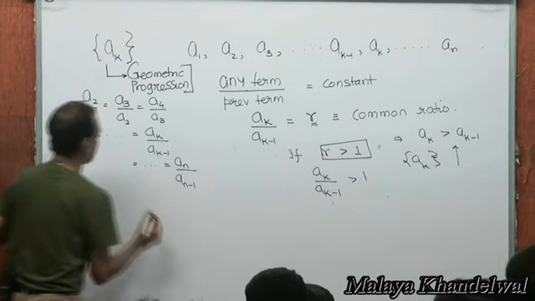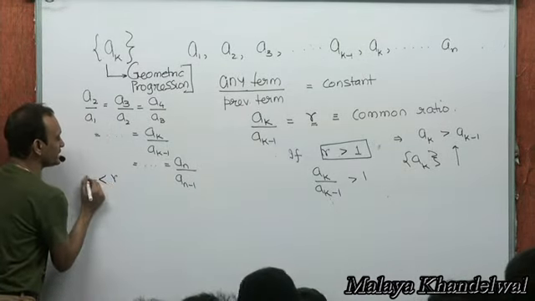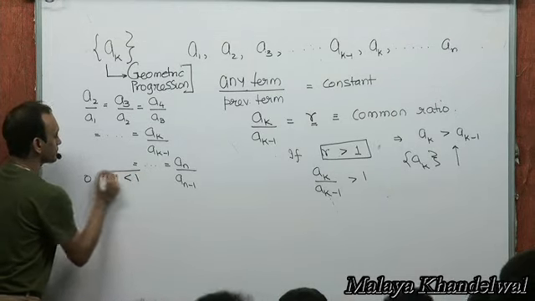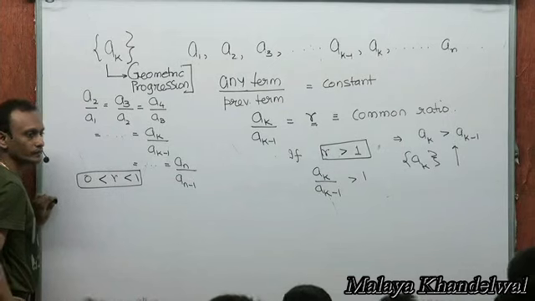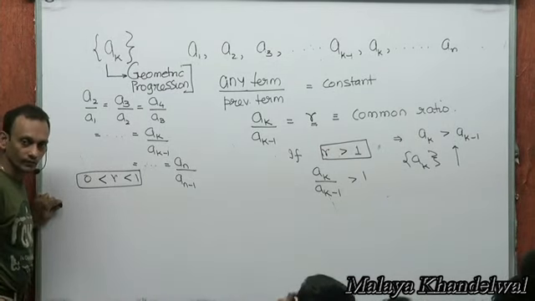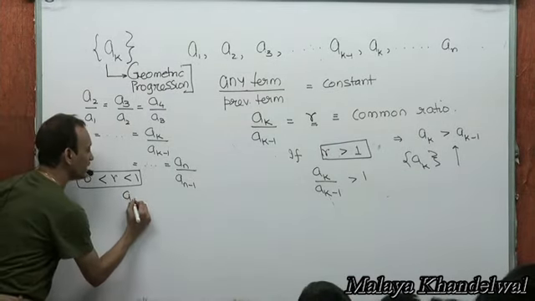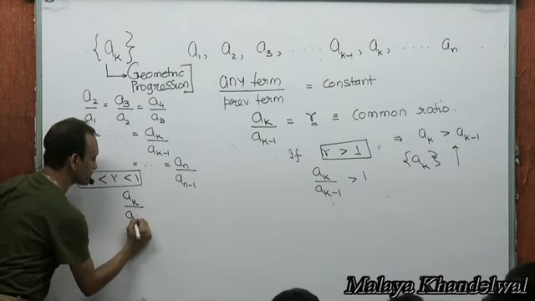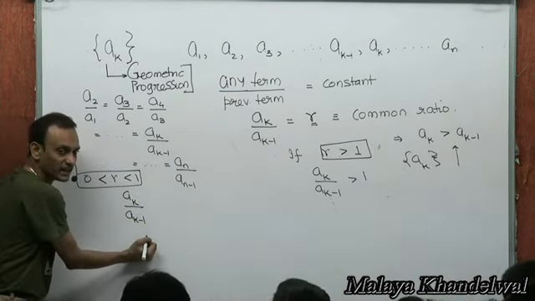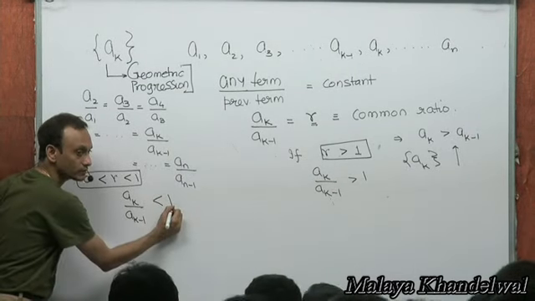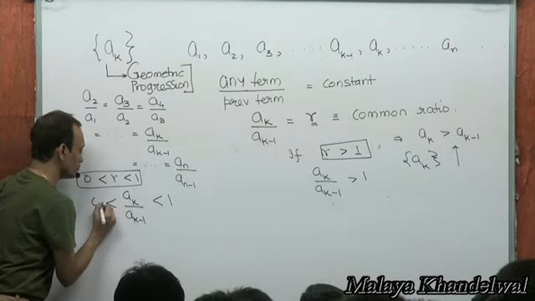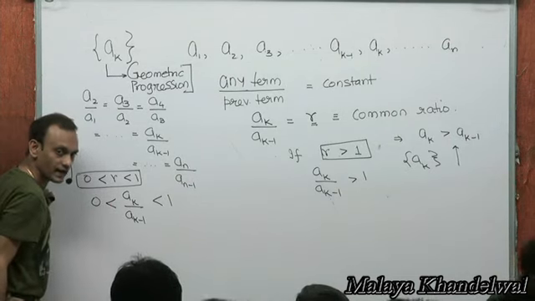But if the common ratio R is greater than 0 and less than 1, then AK by AK minus 1 will be less than 1 and of course greater than 0, right?